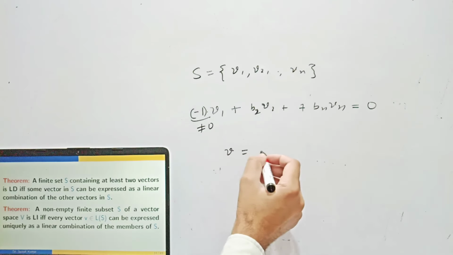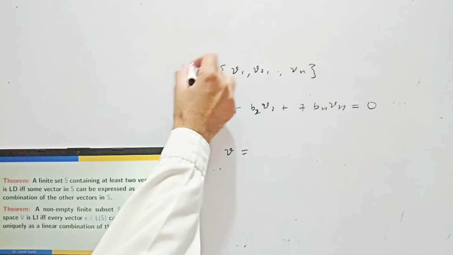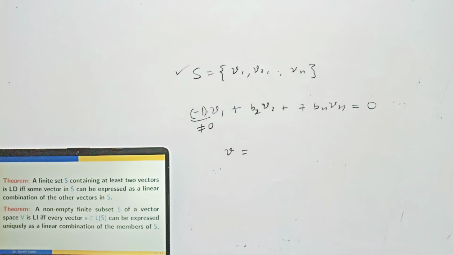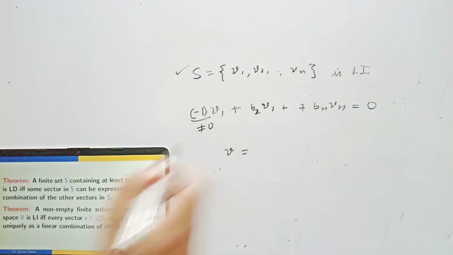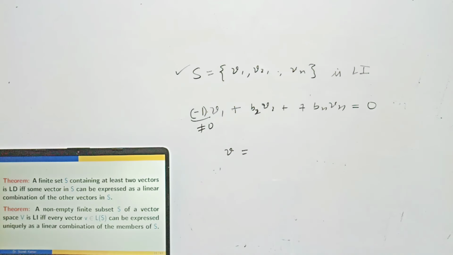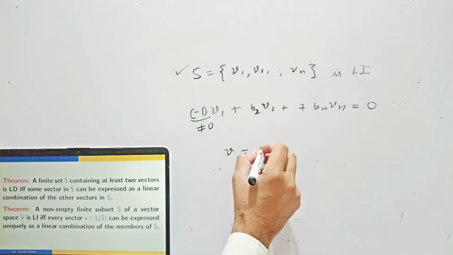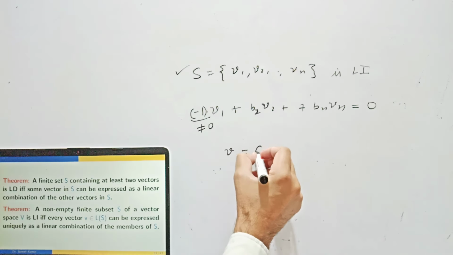So consider the same set S with n vectors. You are saying that it is linearly independent. What is to be shown? That any member in L(S) can be written uniquely as a linear combination of the members of S. Say it is not written uniquely.